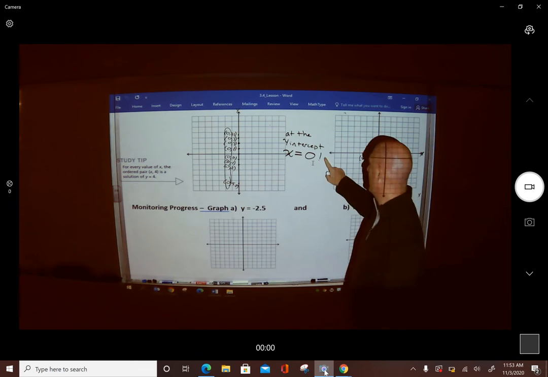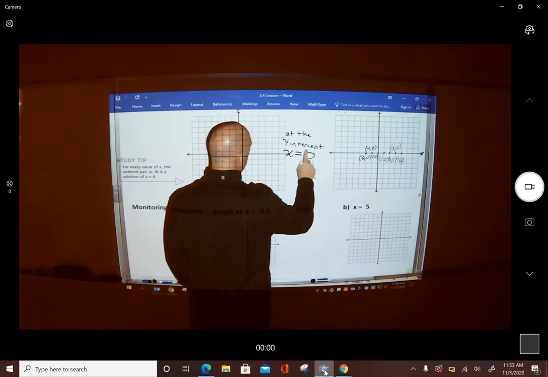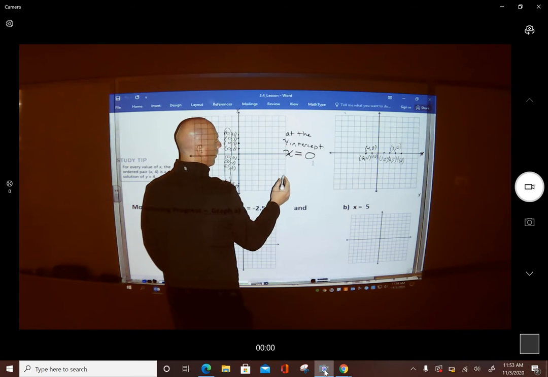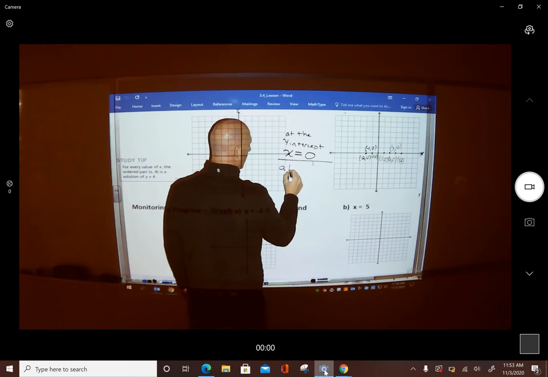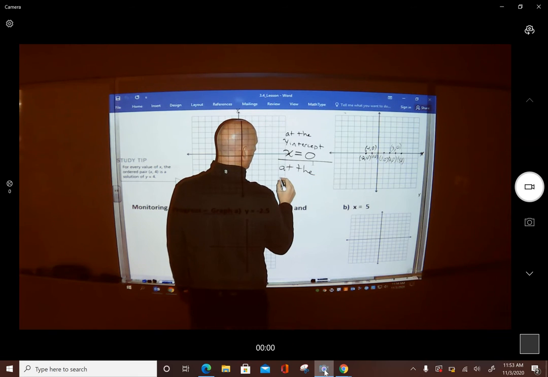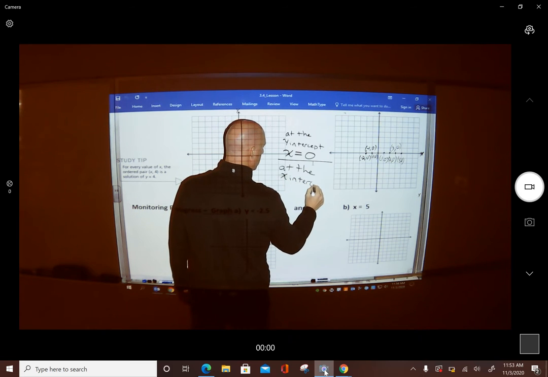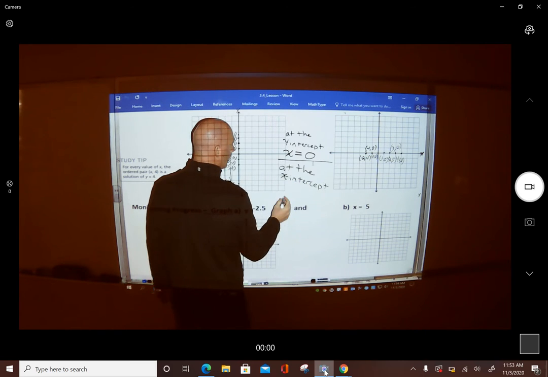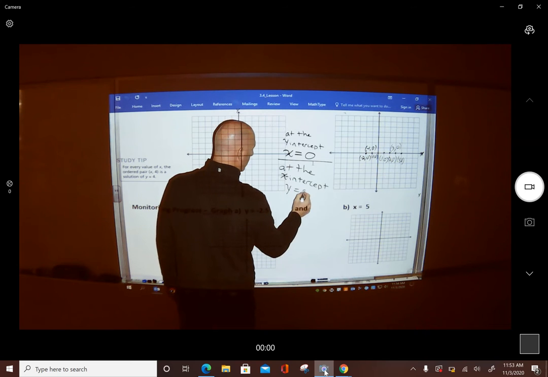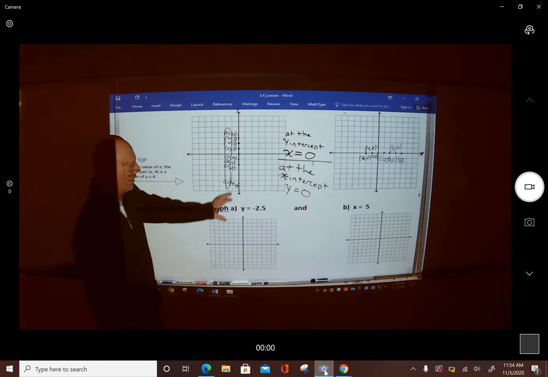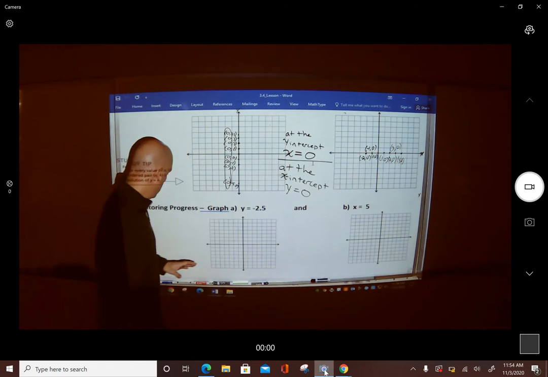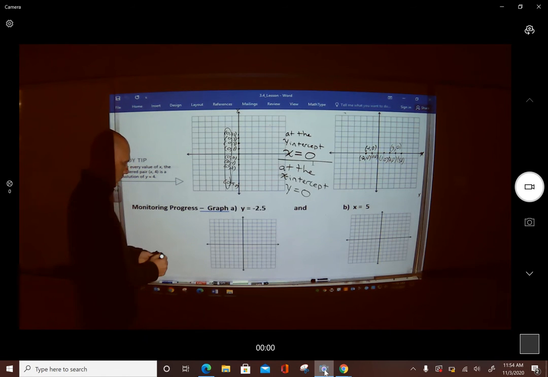So we have at the y-intercept, x is 0. We also have at the x-intercept, y equals 0. These are the two things you have to know going into the next exam.